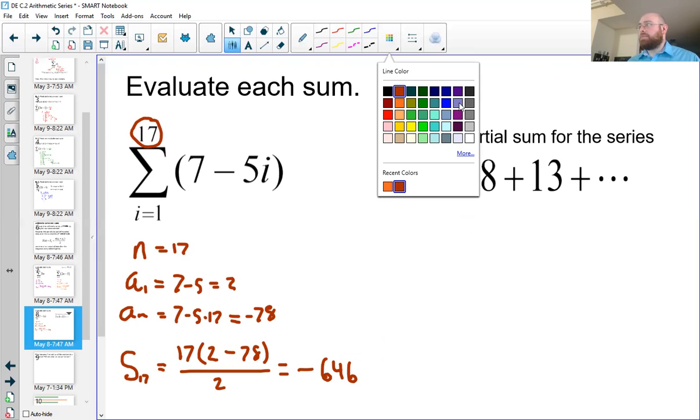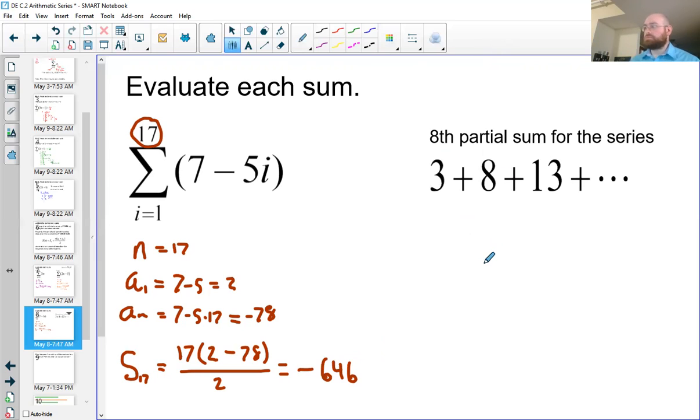Our last example is going to be the 8th partial sum for the series. Now, we could use the formula, or we could write out the 8th number, but I want to use the formula. So we need to know n, a1, and an.